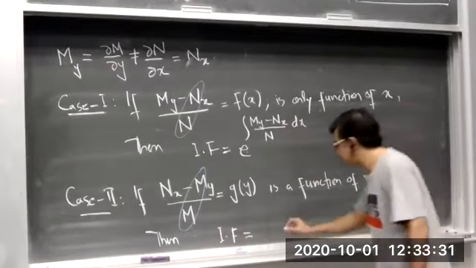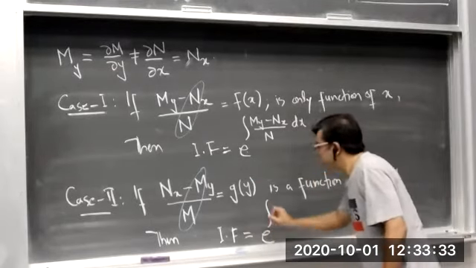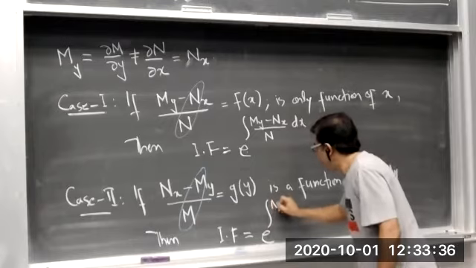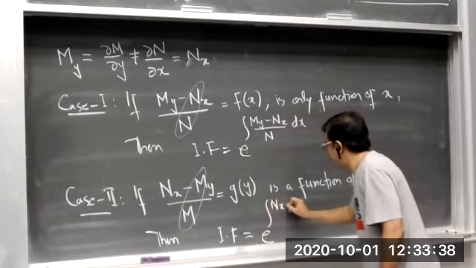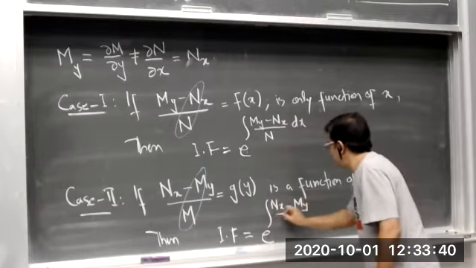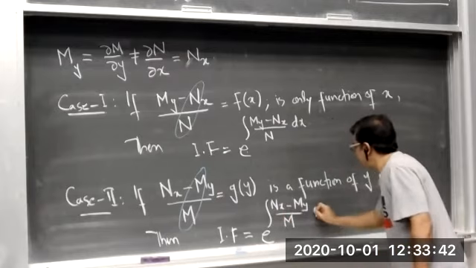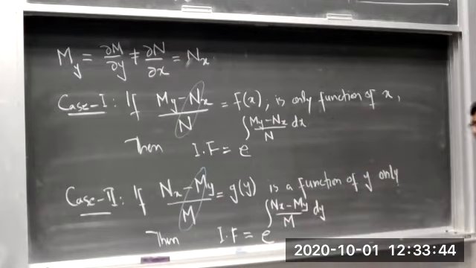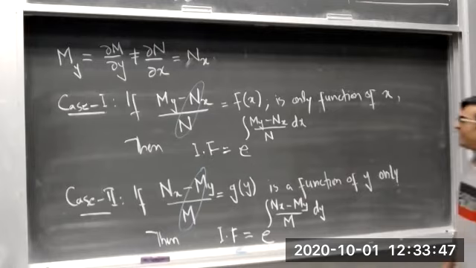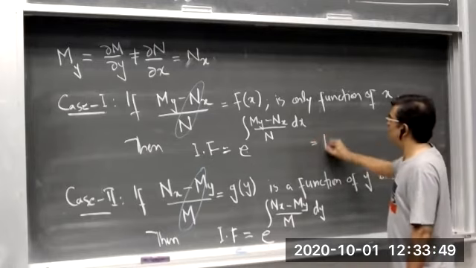Can you see this? Yes, e raised to the power integral of this whole thing, या आप ये g of y लिख दें, (N_x minus M_y) divided by M, dy. This will be your integrating factor.